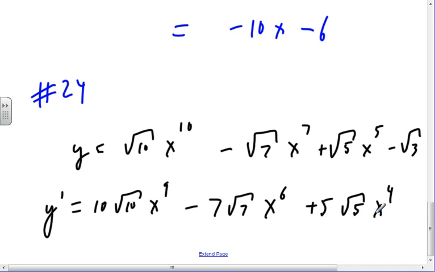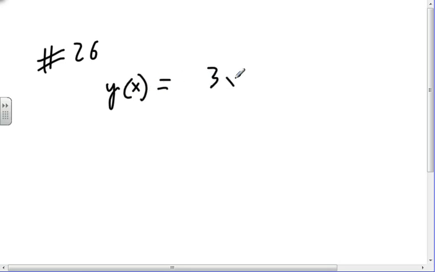All right. Now we're going to look at number 26. We're going to find the value at some place. So we got y of x, probably y of x is 3x squared plus 2x minus 1, and we want to find y prime at minus 1. That's what we're looking for.